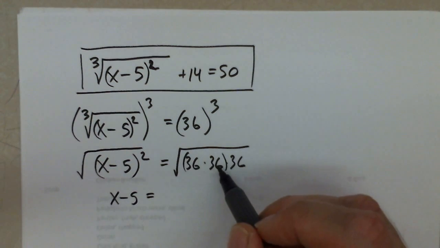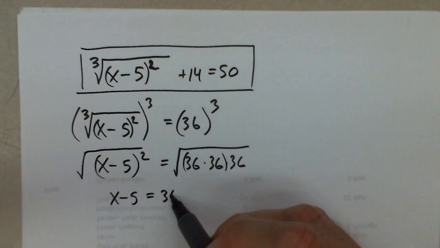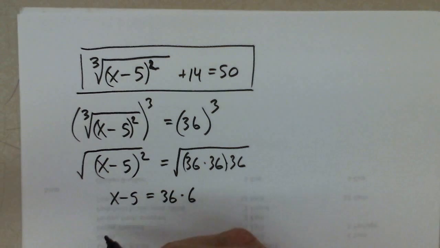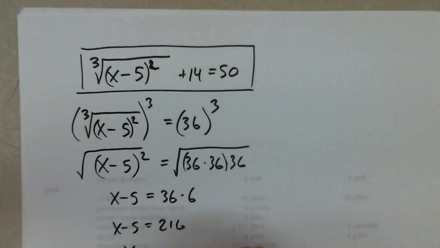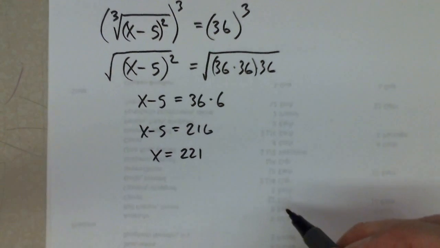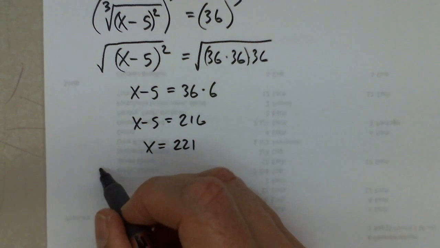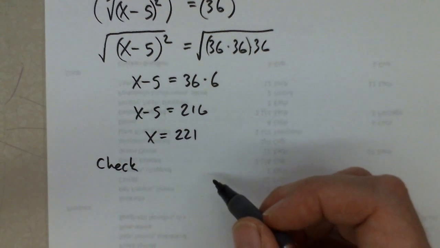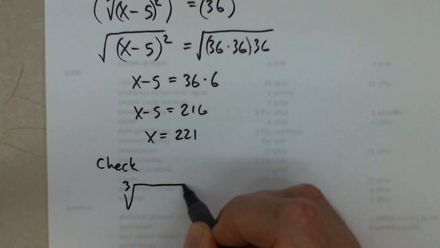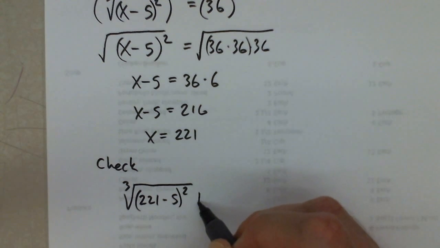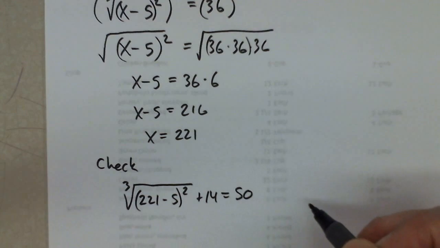And then here we see a pair of 36s, they can come out. The square root of 36 is 6, and that's going to be 216. Add 5. And we'll still check. 221 minus 5 squared plus 14 equals 50.